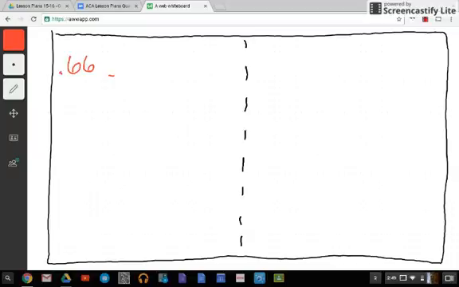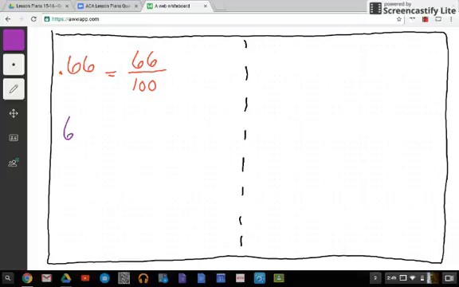So if I just read it as a decimal and think of it in fraction terms, 66 hundredths would be written like this as a fraction. So there it is. It's 66 hundredths. Now, most of the time when you're writing fractions, you have to make sure those fractions are in simplest form. Same thing here.